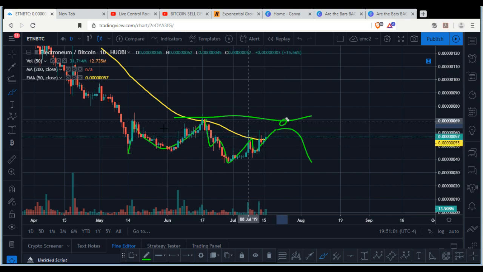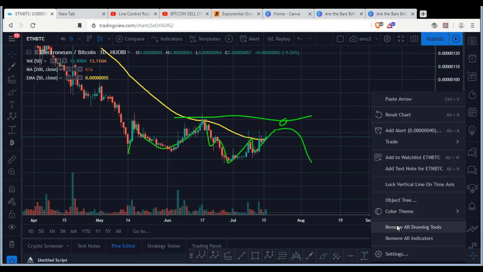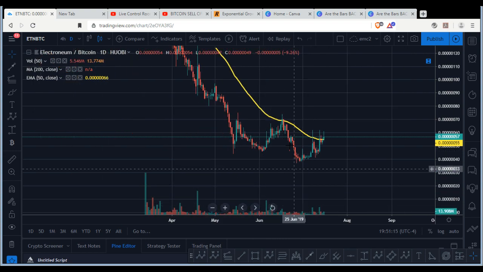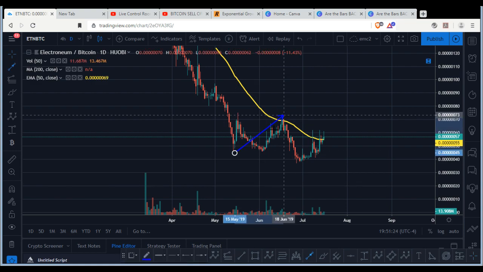I don't see Electronum breaking 70 with this low volume, with this corrective move. It has to complete this whole correction. It is just a correction, guys. So you could anticipate a one-to-one of this move.